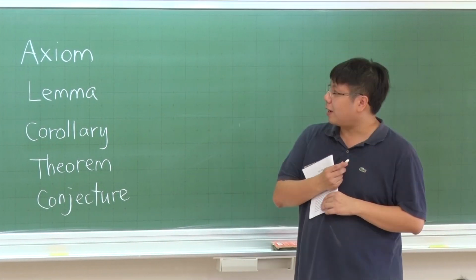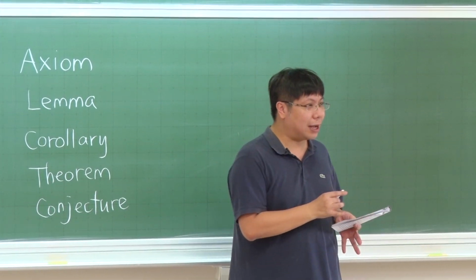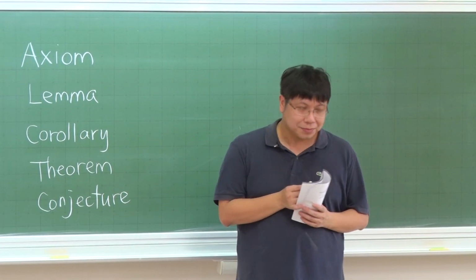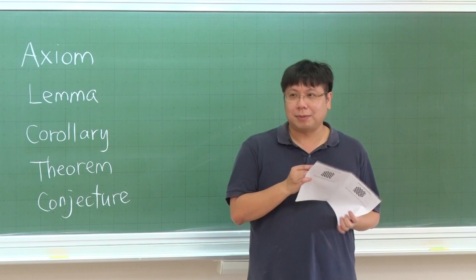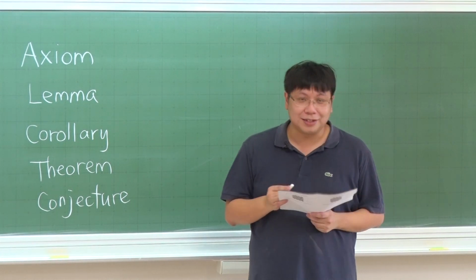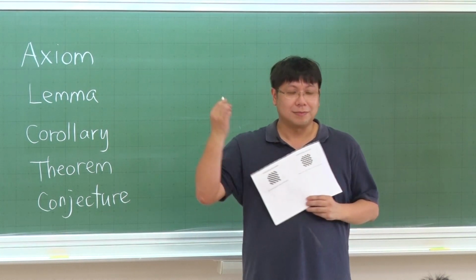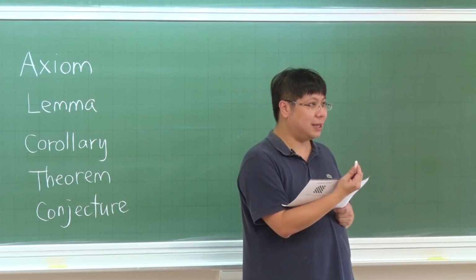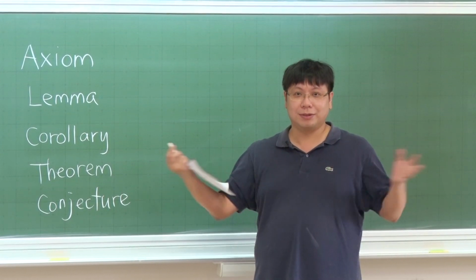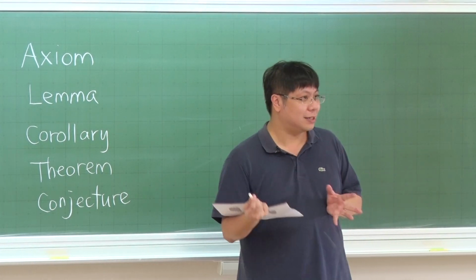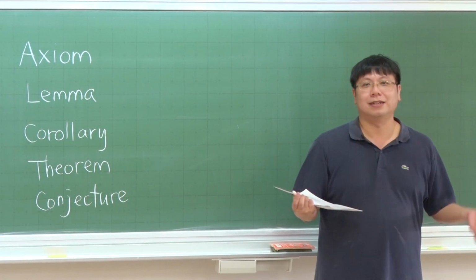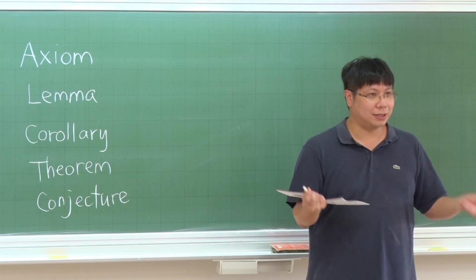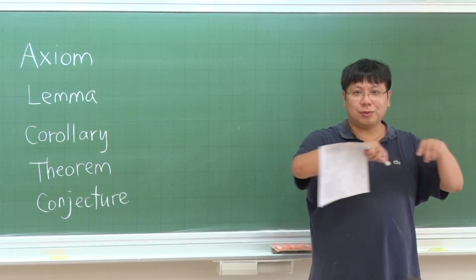So axiom. Mathematical arguments are something that mathematicians say are correct. For instance, if x is an integer, then x squared will be greater than or equal to 0. So for any integer x, the square of x is greater than or equal to 0. So this should always be true.